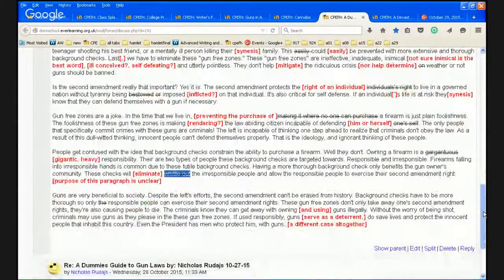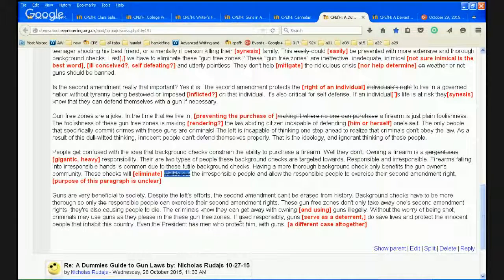Okay, let's see. Criminals know they can get away with owning guns illegally. I added the using there just because I thought it made sense. Without the worry of being shot, criminals may use guns as they please in these gun-free zones. Again, it's not really clear exactly where you're going with that. I know what you mean.